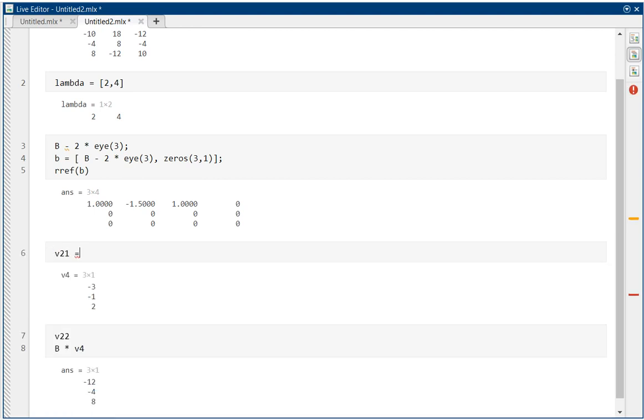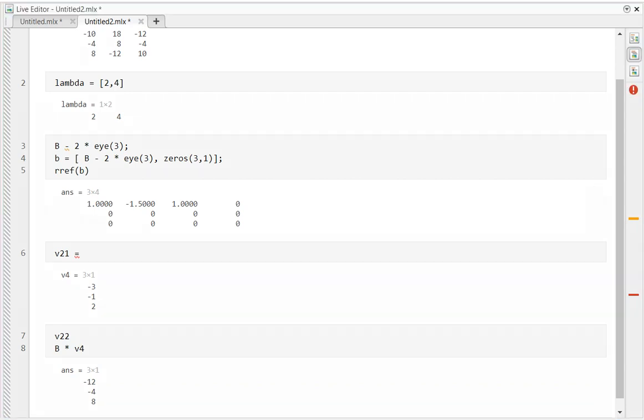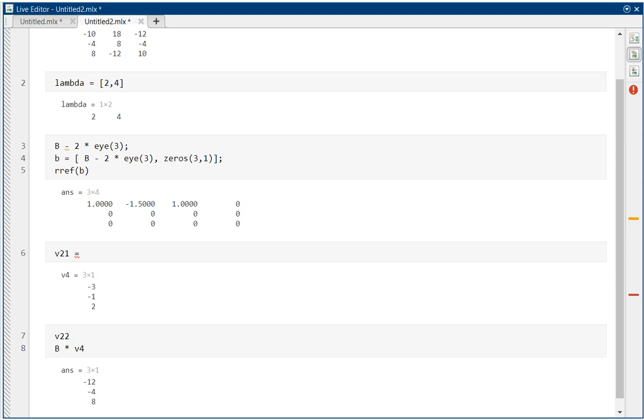All right, so v sub 2,1, what's going on? I'm going to set this one equal to 0, so I'm going to subtract this one over, and that leaves me with x sub 1 equal to 1.5, while x sub 2 is equal to 1, and x sub 3 I set equal to 0.